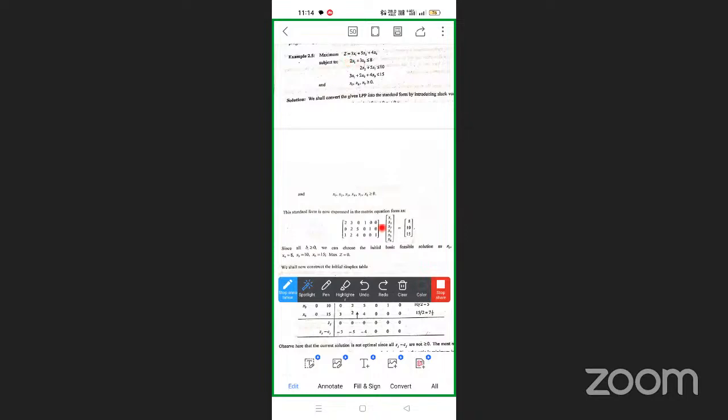Second row: 0, 2, 5, 0, 1, 0, there is no x1. Third row: 3, 2, 4, 0, 0, 1. Multiplied by x1 to x6 equals 8, 10, 15.